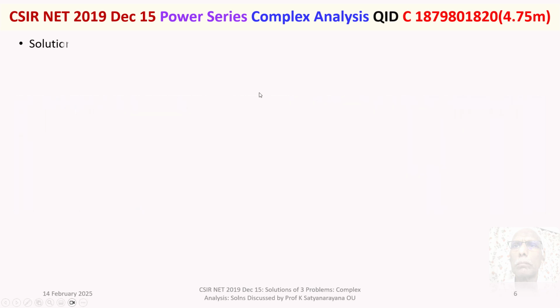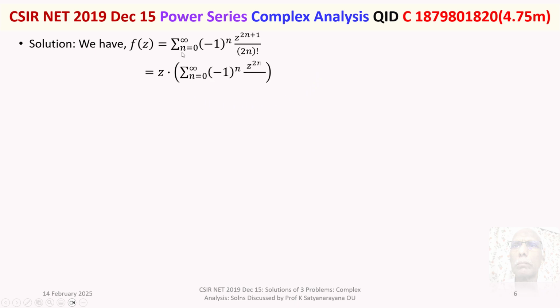We now discuss the solution of the problem in detail. We have f of z, which is the power series sigma n is equal to 0 to infinity (-1)^n z^(2n+1) by (2n)!. Taking z common outside the sigma, we get z into sigma n is equal to 0 to infinity (-1)^n z^(2n) by (2n)!. The series under the sigma is the famous cos z expansion.